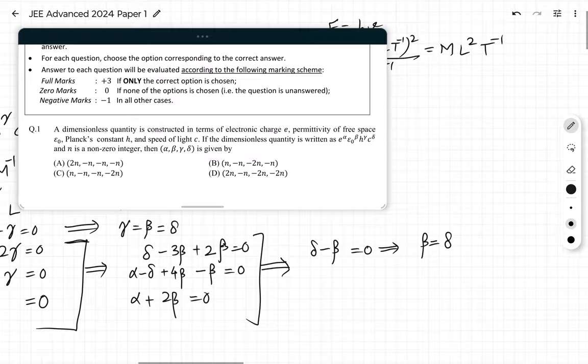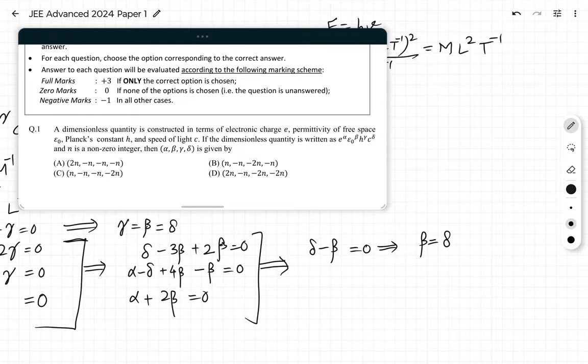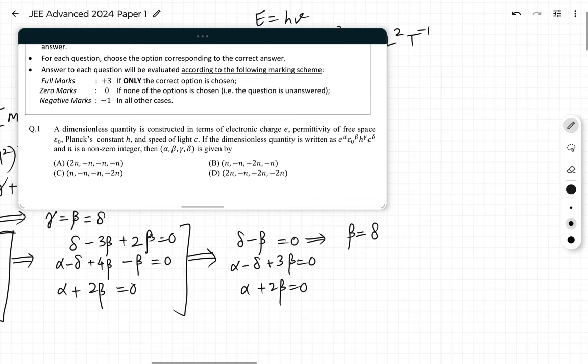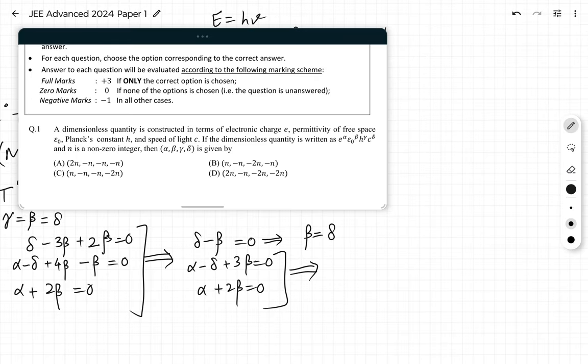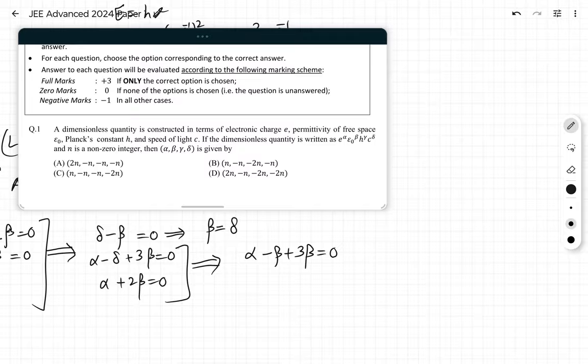And if gamma is equal to beta is equal to delta, all three are the same. So, before doing that, let's get the same equations. Alpha minus delta plus 4 beta minus beta. Alpha minus delta, 4 minus 1 will be 3 beta. Alpha plus 2 beta equals 0. So from here, if we eliminate delta also, we get alpha minus beta plus 3 beta equals 0.